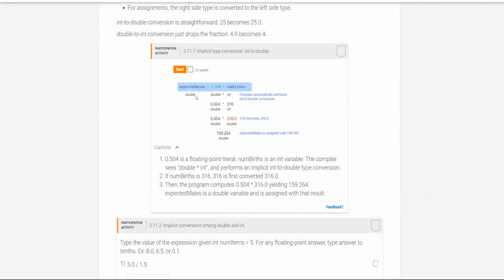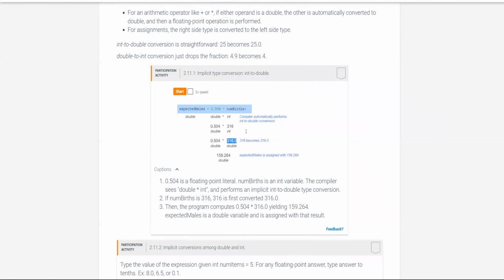The answer is double in this case, and then you have one more double variable here, and then an integer variable. So in this case, they treat this integer variable as a double. So there's a conversion done by the system. So you can see this is the number of birds, of course, but it will give you a float number here. It's taken care of by the system. So this is an implicit conversion, right?